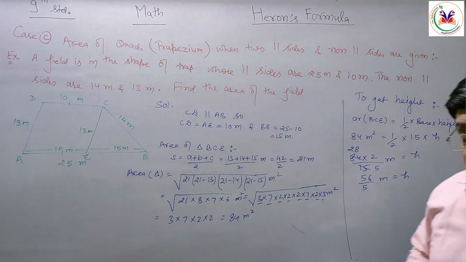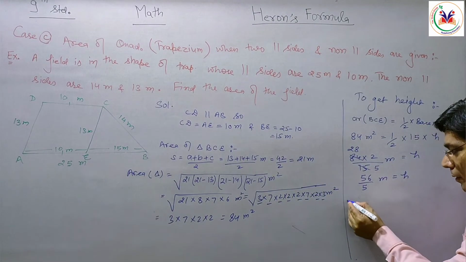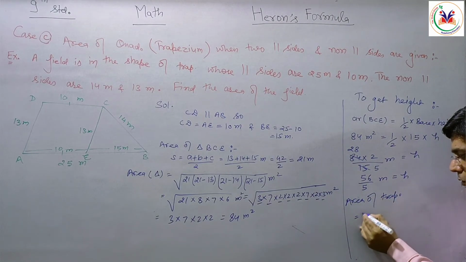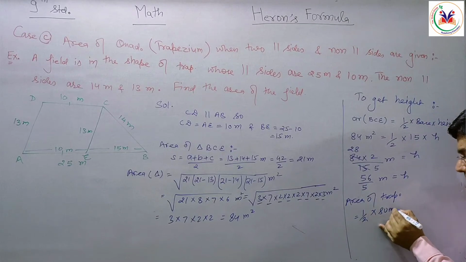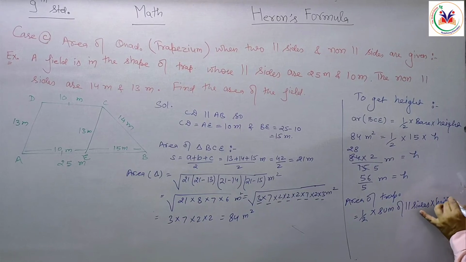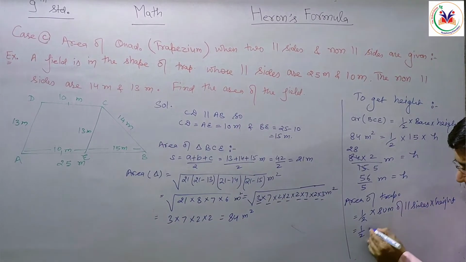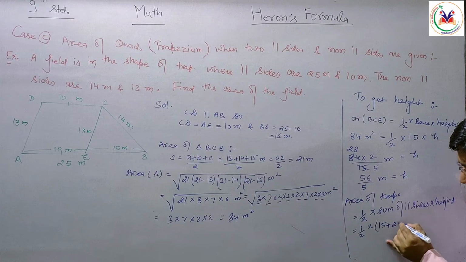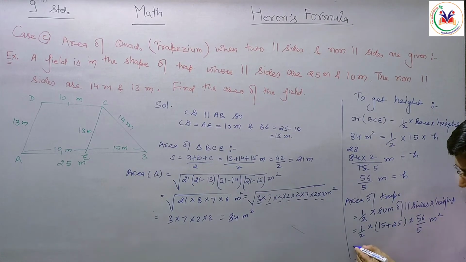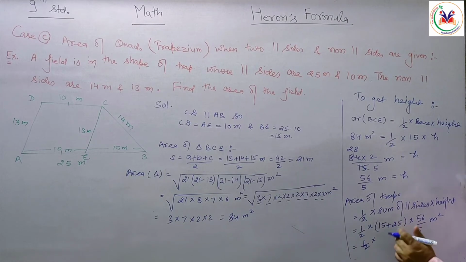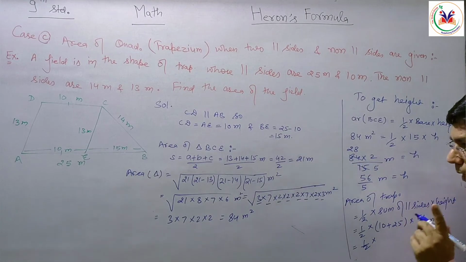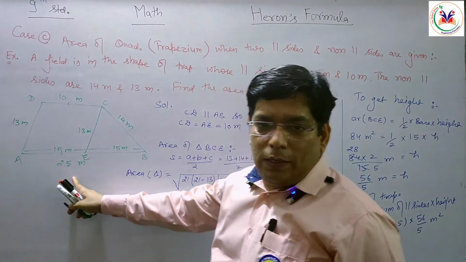Is that clear? As soon as we get the height, now area of trapezium equals half sum of parallel sides into height. Now the sum of parallel sides, that is 15 plus 25, and height is 56 upon 5 meter. So half, 15, sorry, again I'm telling, these are the 10 and 25, these are the two sides.